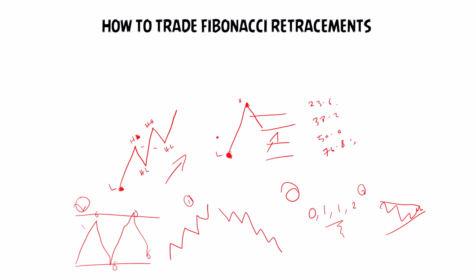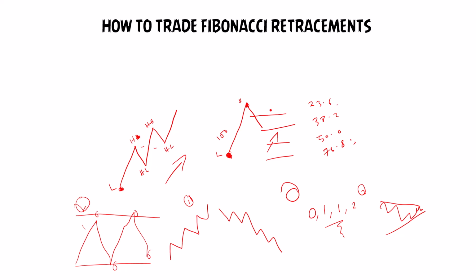So if this move was a 100 pip move, the tool is going to break this 100 pip move into 23.6% of that move, then 38.8% of that move, 50% of that move, 76.8% of that move. All is going to break them down.